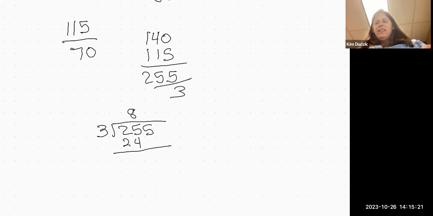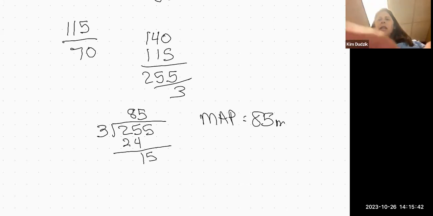Oh, a nice, easy one again. 3 goes into 15, sorry, 5 times. So my mean arterial pressure is 85 millimeters of mercury.